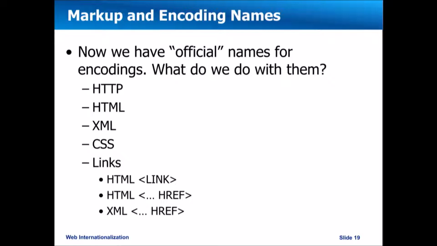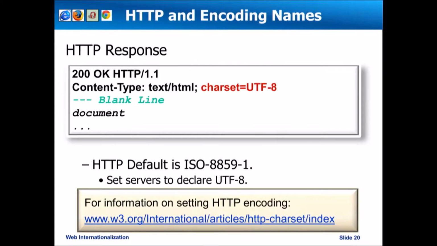Where do we put these labels? If you're setting up your server so that it sends out HTTP, you can declare that it's UTF-8, and it gets put into the HTTP response. This is what a response looks like. 200 is a success.